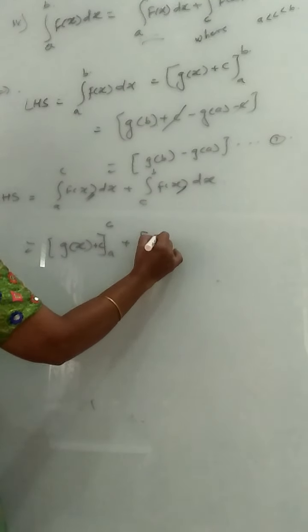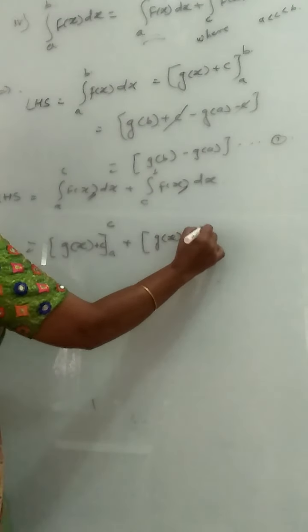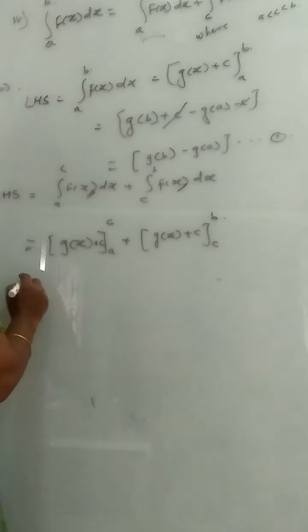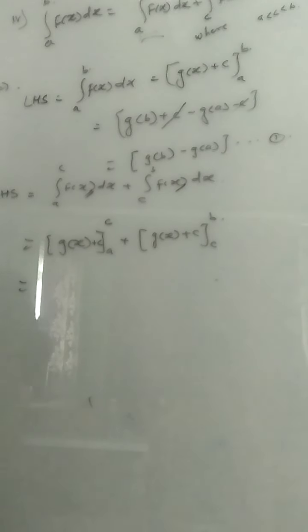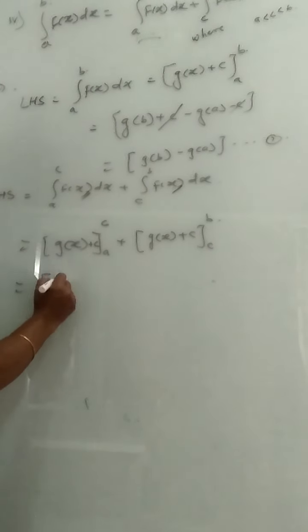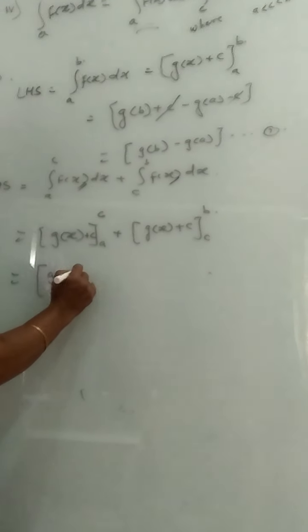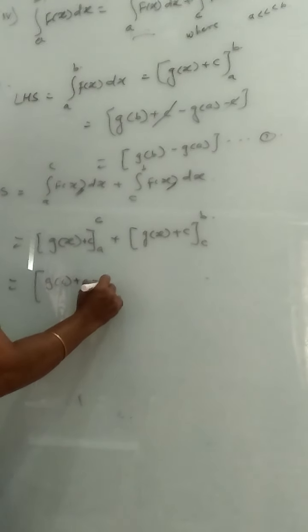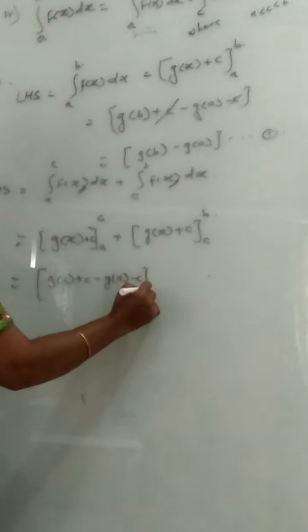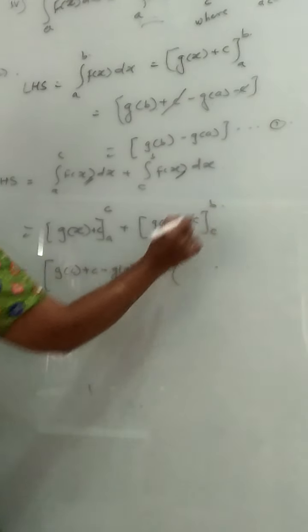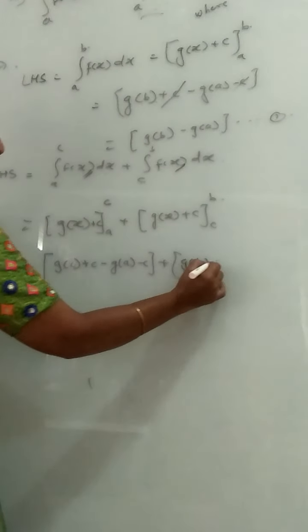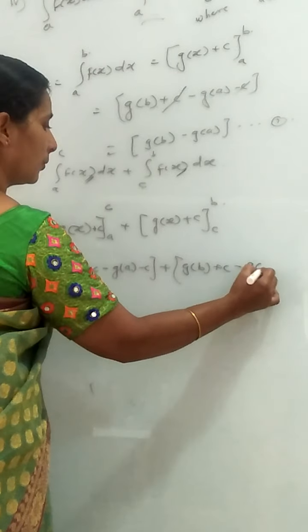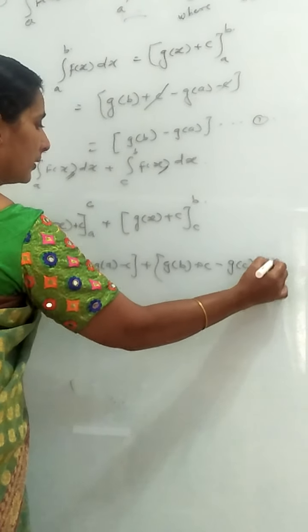We also write that the term is g of x plus c, from c to b. Substitute these limits in our function: for the first limit it becomes g of c plus c minus g of a minus c, plus here the upper limit is b, g of b plus c minus g of c minus c.